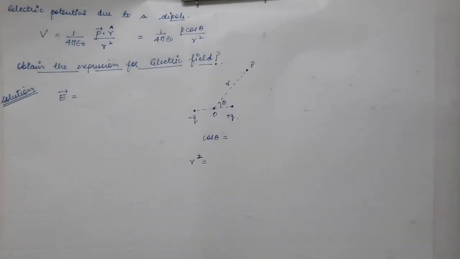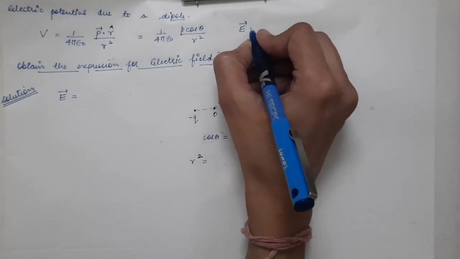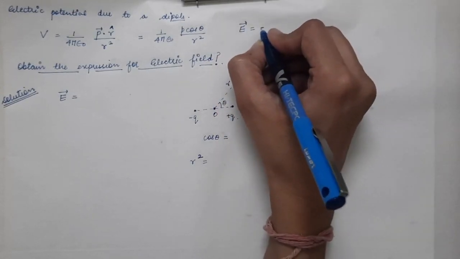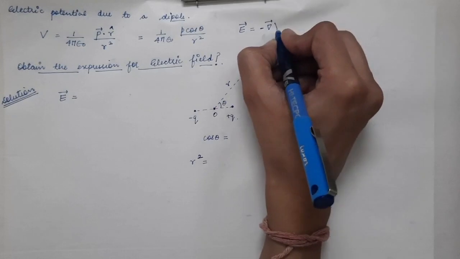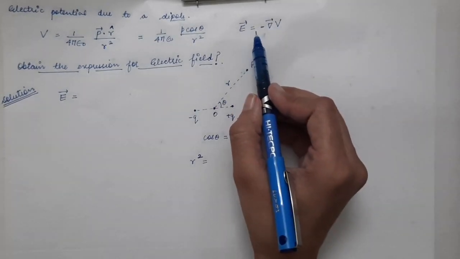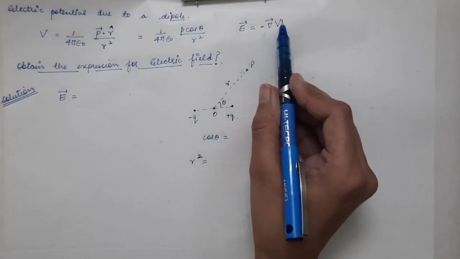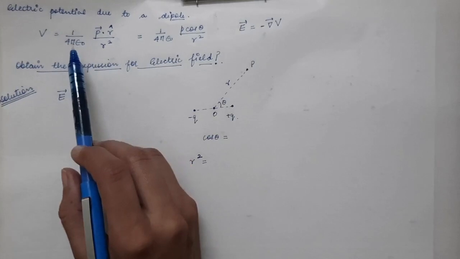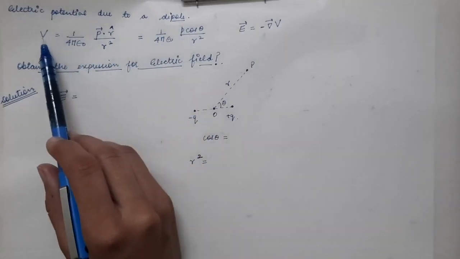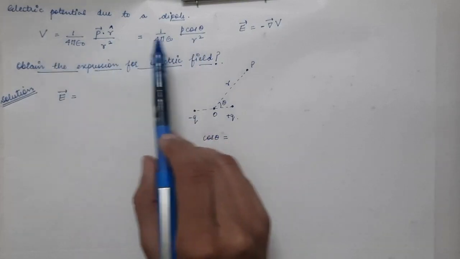In the previous lecture we also saw that the electric field comes out to be equal to the negative of the gradient of the electric potential. So electric field intensity is always equal to the negative of the gradient of electric potential. Now for the case of a dipole, we have just derived the formula of electric potential.